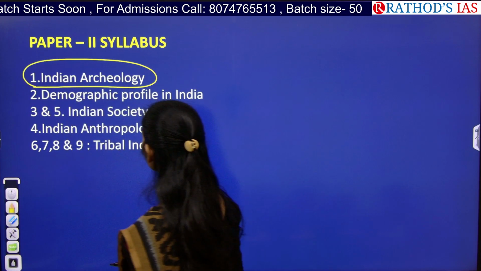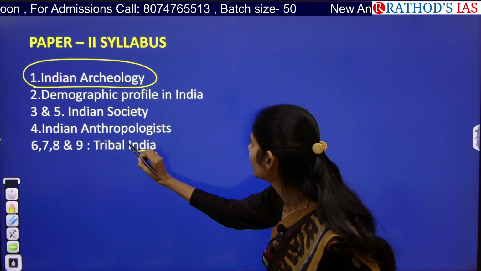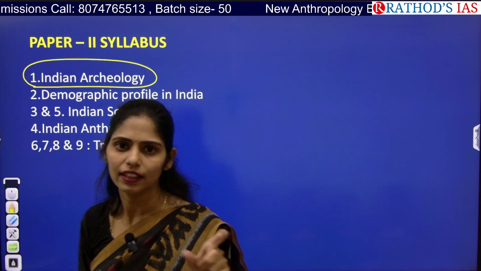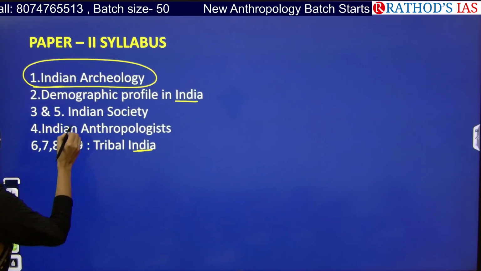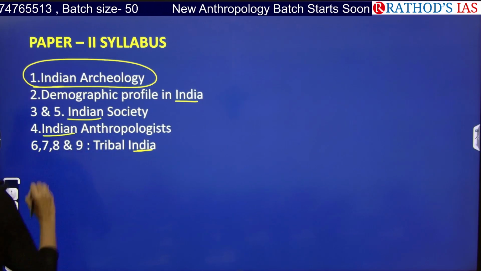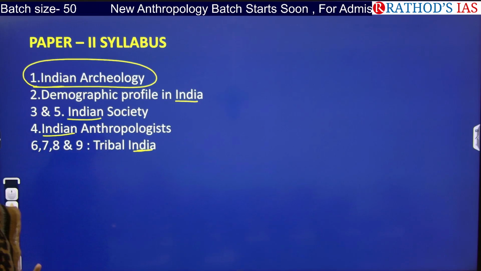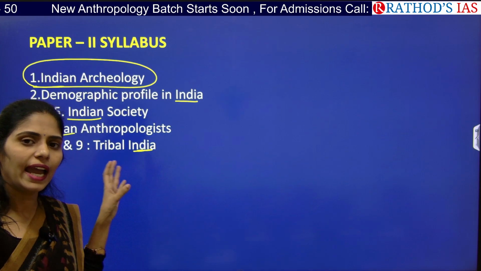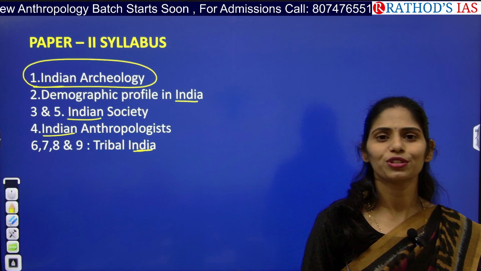Whatever chapters from 1 to 9 you read, they are related to India: Indian archaeology, Indian demographic profile, Indian society, Indian anthropologists, tribal India. I want to make one thing very clear: there is a high chance of getting more marks in Paper 2 compared to Paper 1.